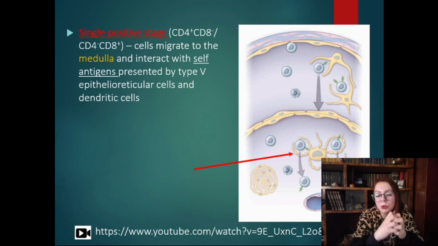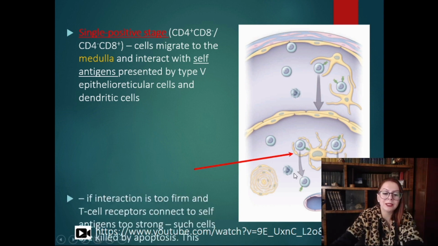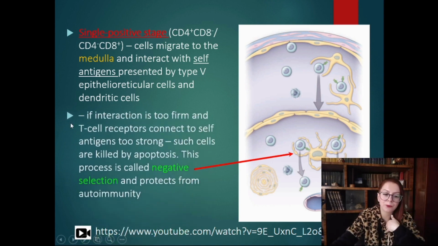If they contact the receptor too strongly, then they could fight against our own cells. So such cells are destroyed, and that's what we call the negative selection. So here, if the interaction between MHC and CD receptor is too strong and firm, such T cell receptors connect too strong.